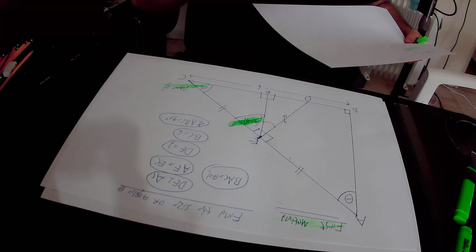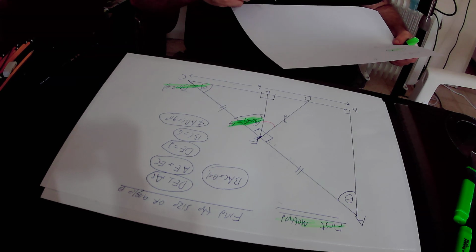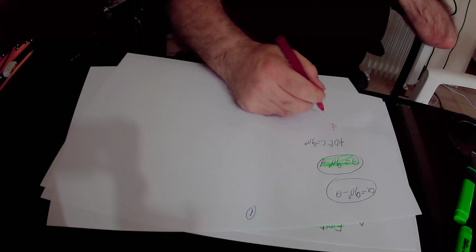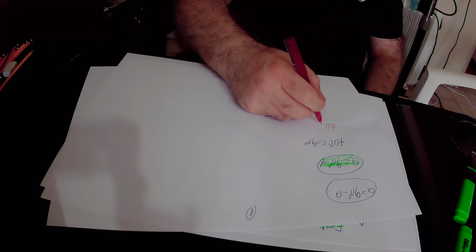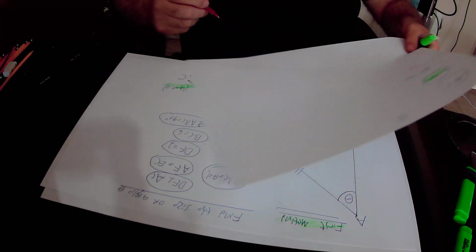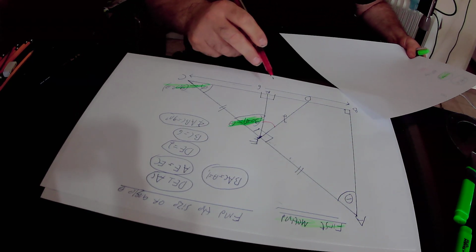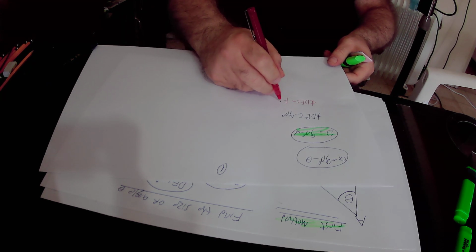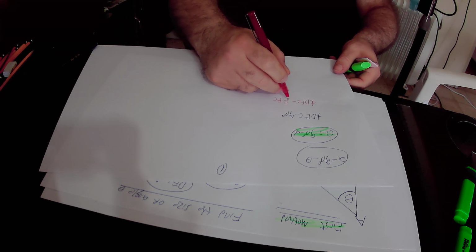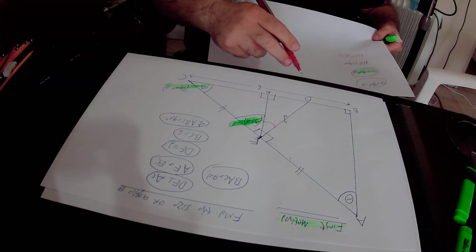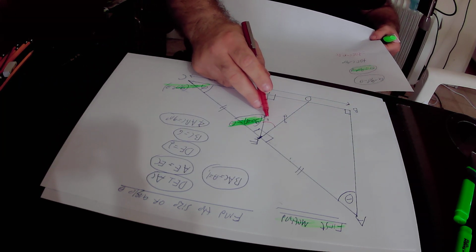I repeat again, angle DEC minus angle FEC will give us the value of angle DEF, this angle.